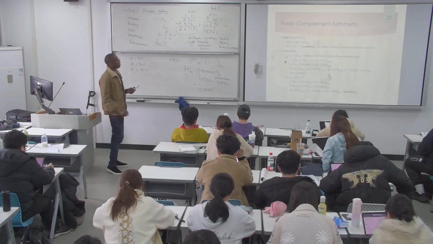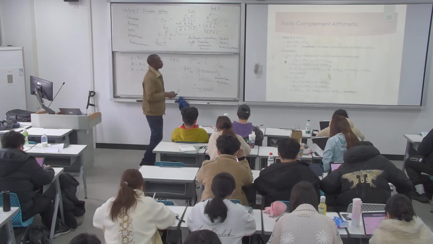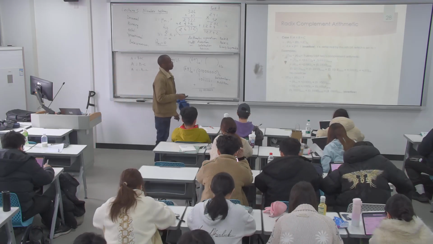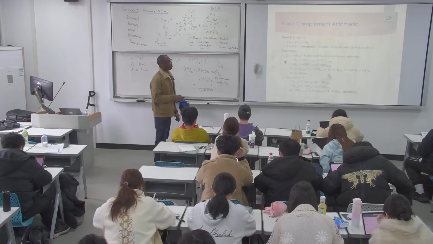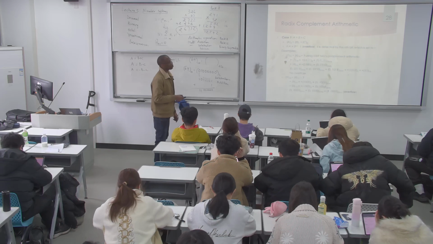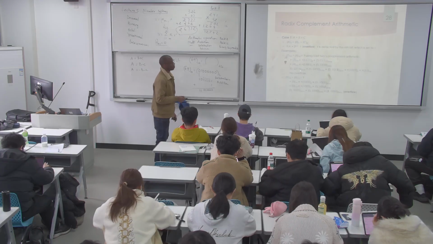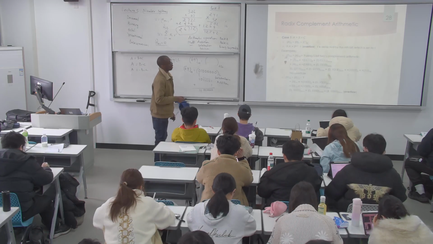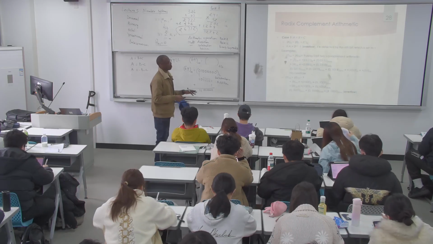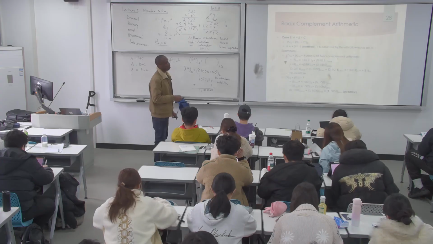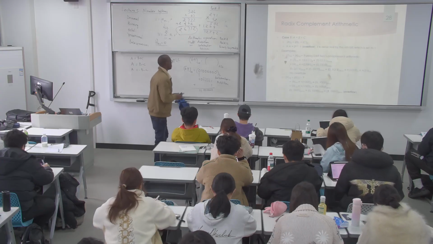This is the representation of 7 in binary, and we have the representation of 4 in binary using 4 bits. Then we have to add a 0 in the most significant bit to indicate that this is a positive number. So we need to do the addition of these two binary representations, 7 plus 4. There is no overflow.